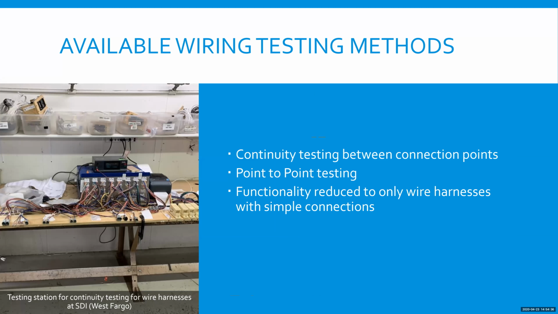So they have a Dynalab tester, which we looked into, which is just continuity testing and point-to-point testing. We were then advised that the functionality of these testing devices wouldn't work with the complexity of our control panel, so we looked to other ways of building a tester.